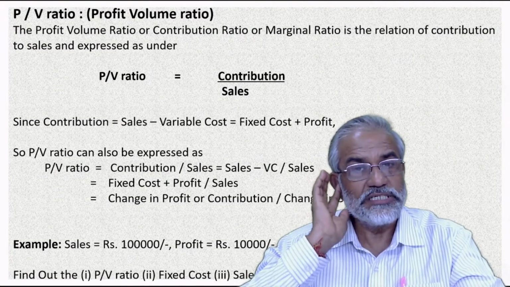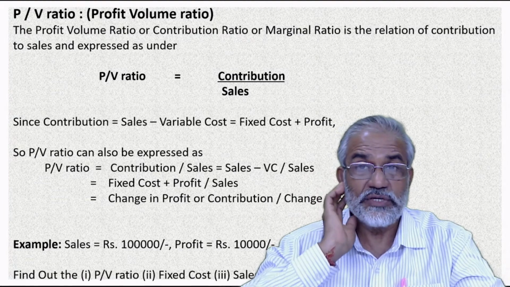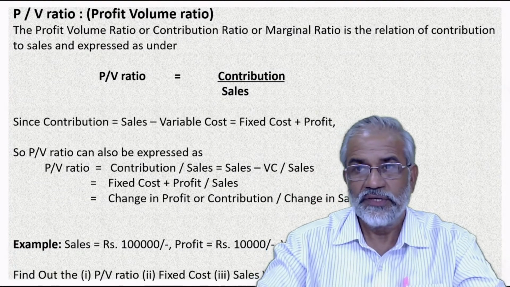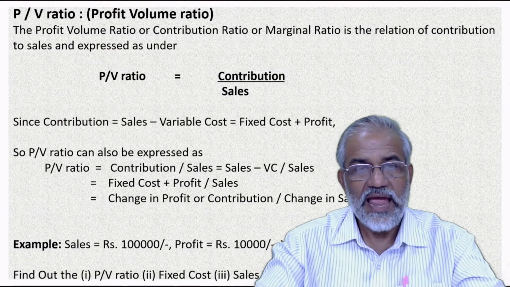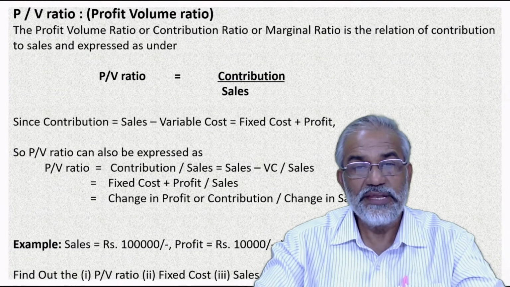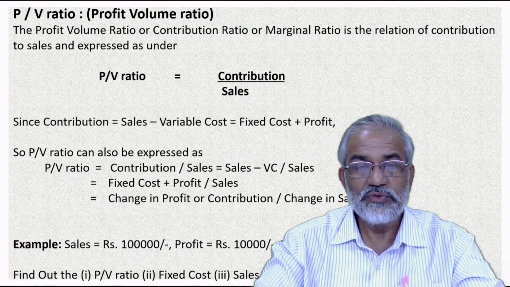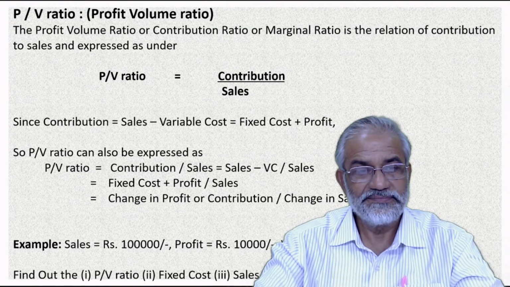The profit volume ratio, or contribution to sales ratio, or marginal ratio, is the relation of contribution to sales, and the equation of PV ratio is equal to contribution divided by sales.